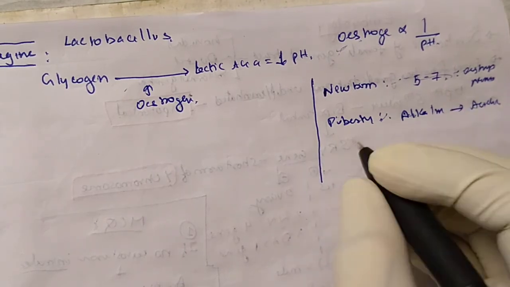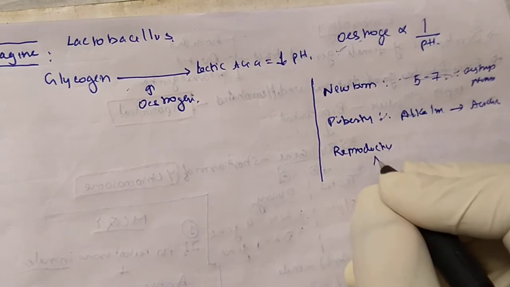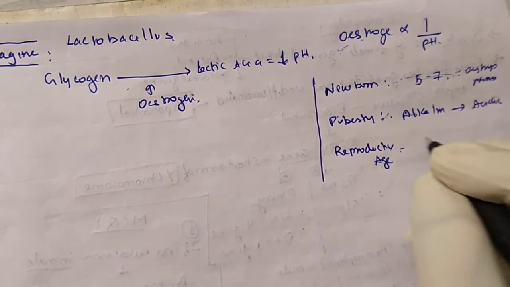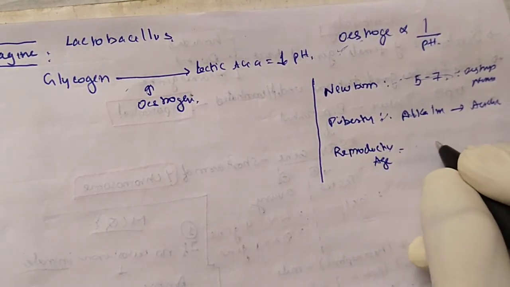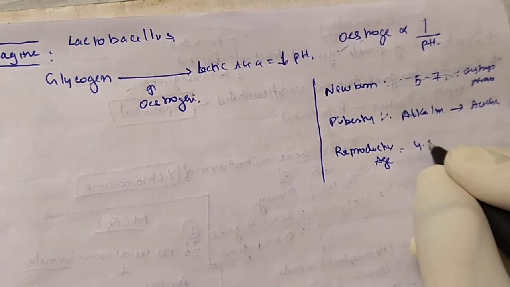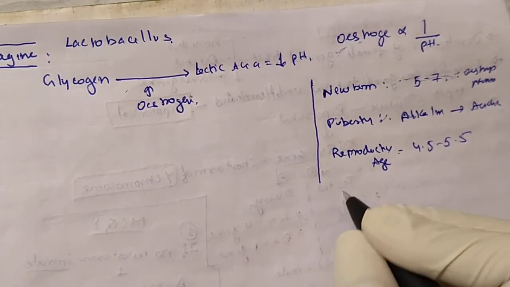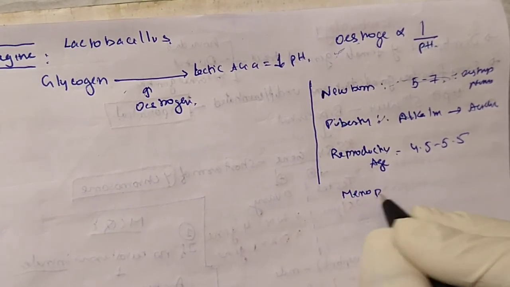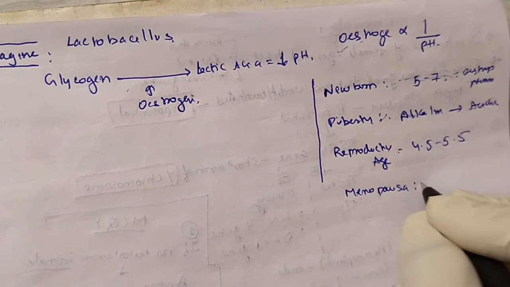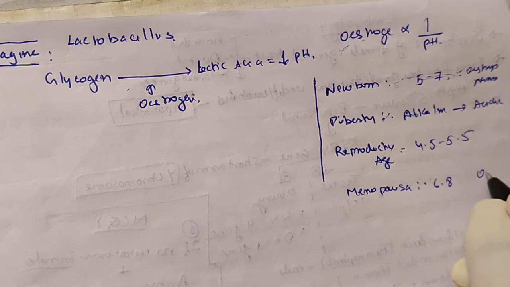In adulthood or reproductive age, it is acidic, 4.5 to 5.5. In menopause, it is 6.8 because estrogen levels are low.